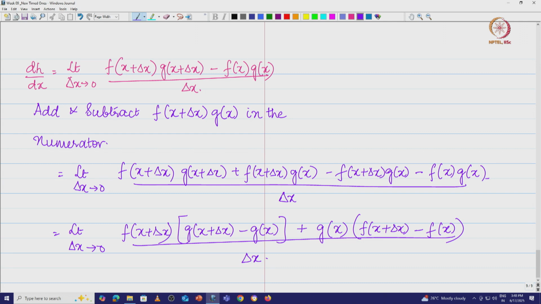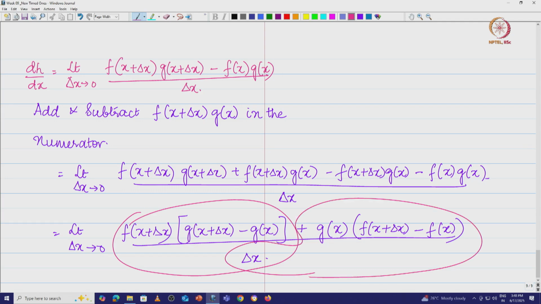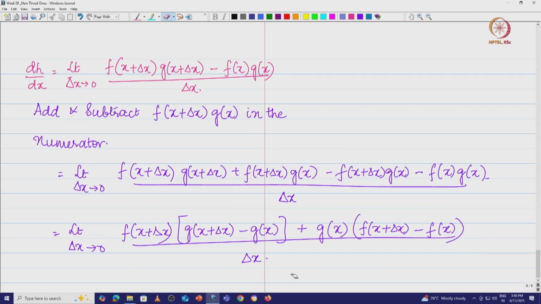The first term and then the second term, you can take them out. So, as far as the first term is concerned, what we see is the following. What is this? This alone, I will just put a box here.